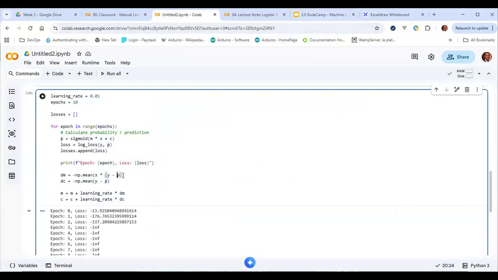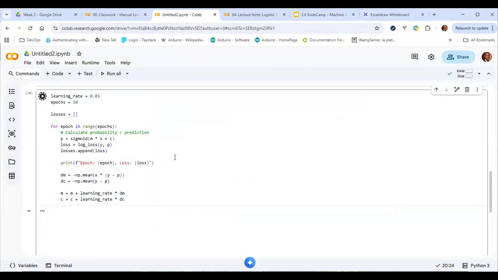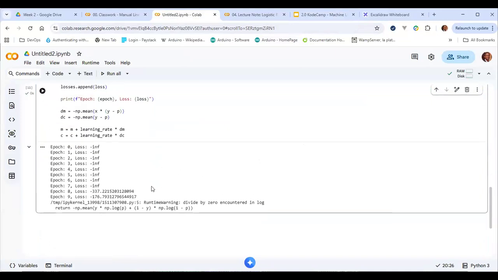So this is something that sometimes happens, right? Because the P has a negative sign, I have to negate it here. I could also do P minus Y, in which case I'll remove this negative sign. But whatever is the case, the sign here must match the sign of the prediction. Okay, so let me now run that.